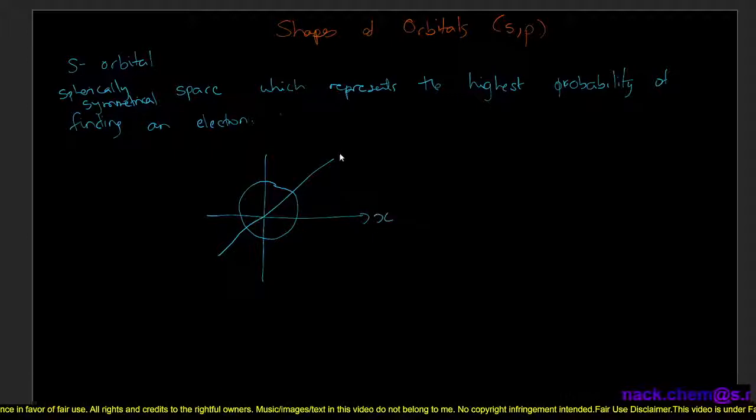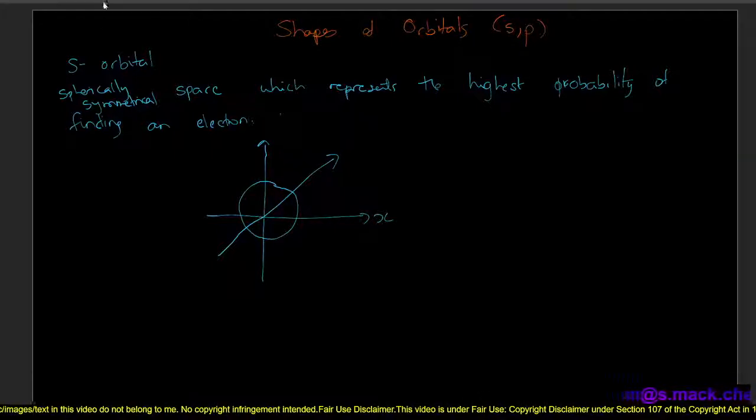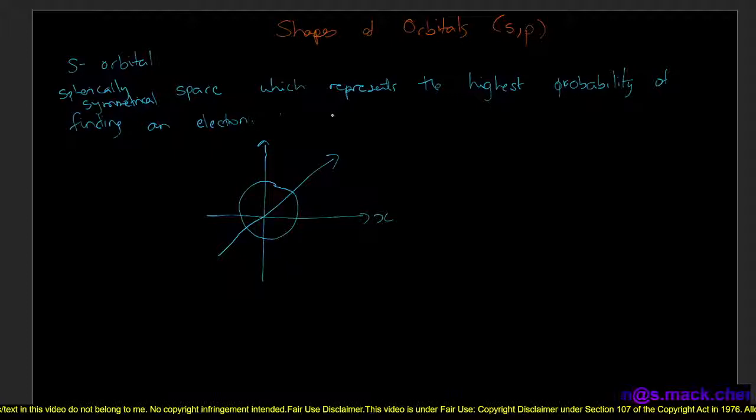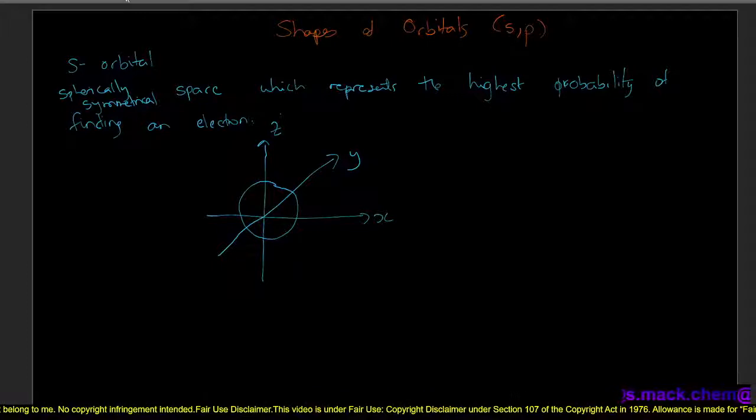So we have X, Y, Z, with X and Y being perpendicular. There we go. So this is my s orbital, or the drawing of my s orbital.